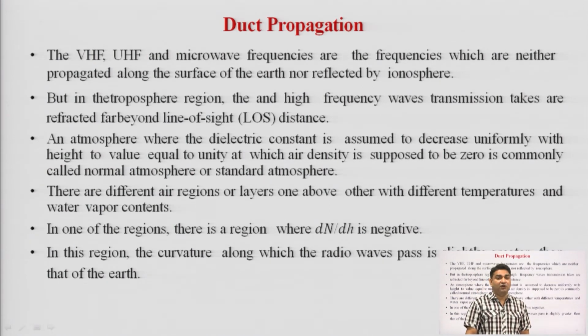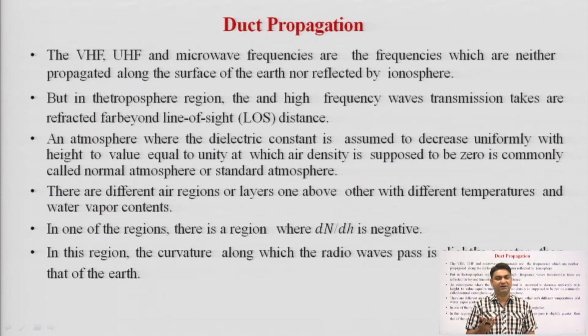The other mode of propagation is known as duct propagation. Duct propagation is also very specific and elaborate in nature, because it depends on atmospheric conditions which are abrupt and not usual in the atmosphere.